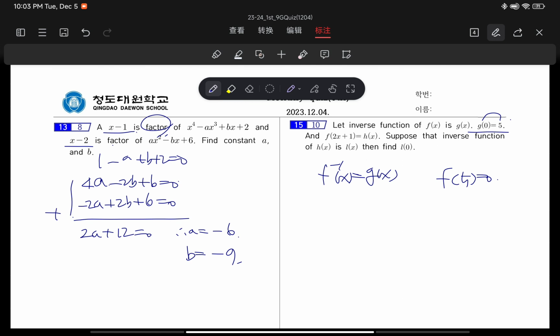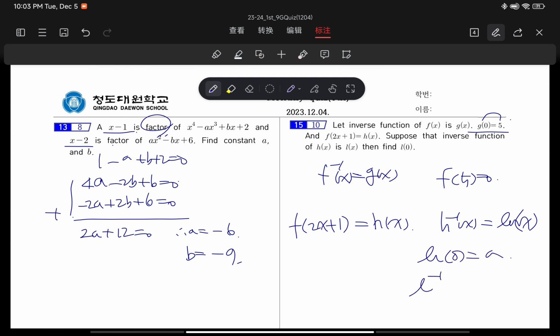So f(2x plus 1) equal to 8x. Okay, so I want to find some h inverse x equal to l(x). Okay, l(x), and I want to find l(0) equal to a. That means l inverse a equal to 0.